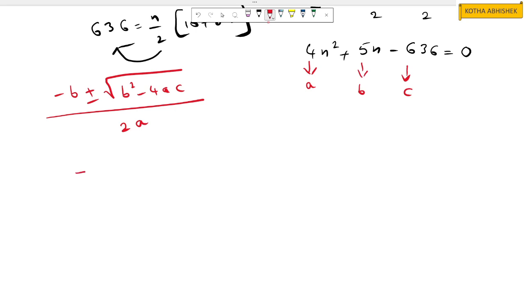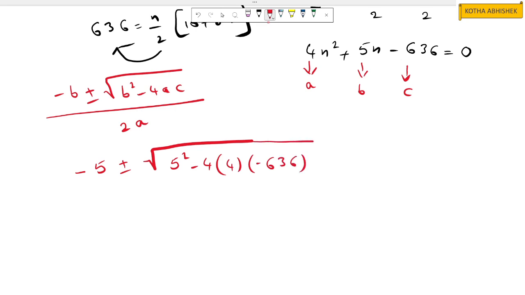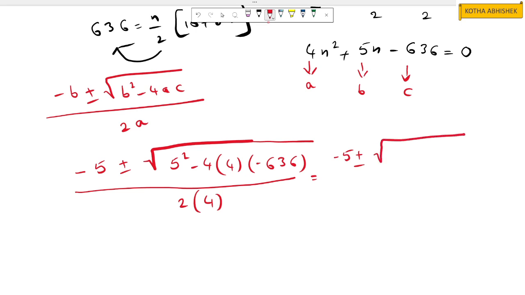Minus b value is minus 5, plus or minus under root b square, that is 5 square, minus 4 into a value 4 into c value minus 636, whole divided by 2 into a value 4. That equals minus 5 as it is, plus or minus under root 5 square, 25. Here we have one minus symbol and another minus symbol, so minus into minus is plus. Now multiplying 4 times 4, 16, 16 times 636.